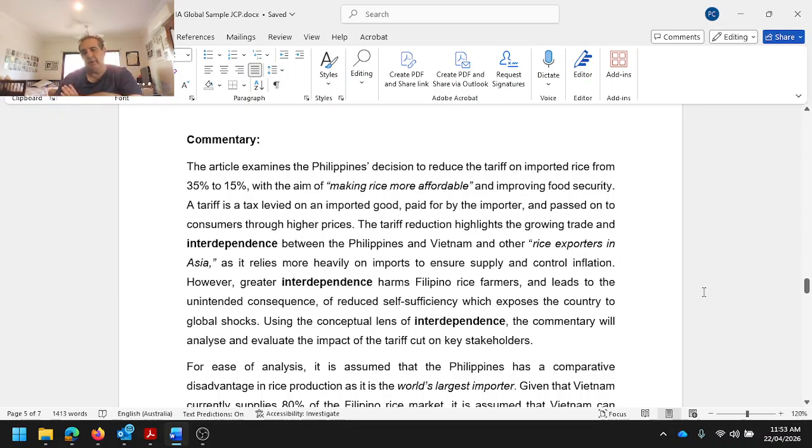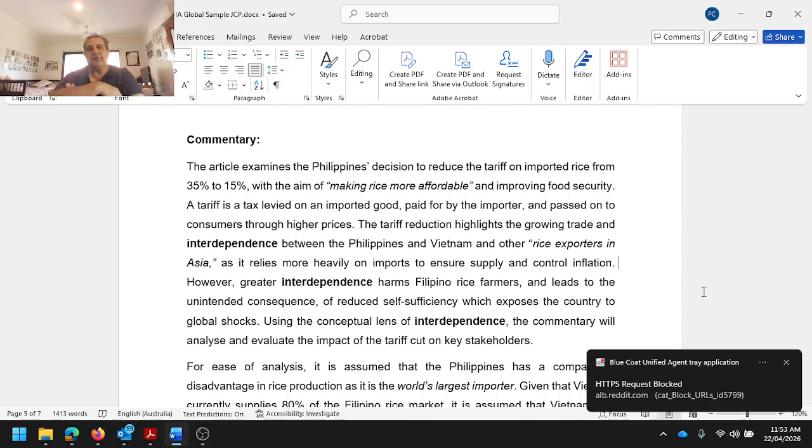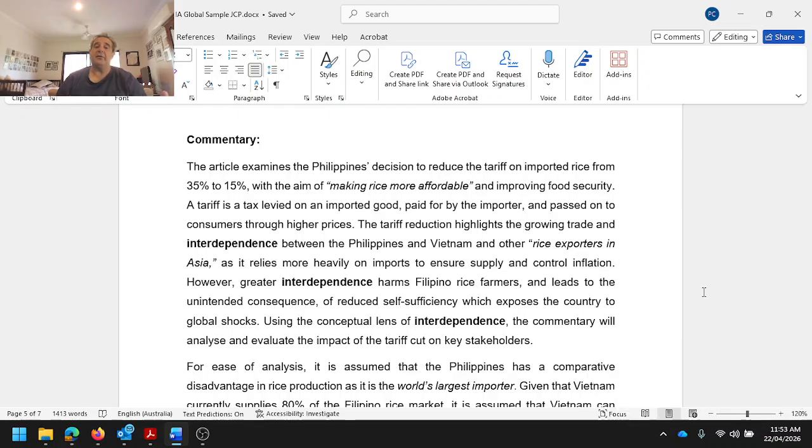Introduction should be, I think, 8 to 10 lines, probably closer to 10 lines. Its purpose is that you really need to summarise the article for the examiner, but from an economics perspective. So not a description about what the article is about, but what the article is about in economic terms.